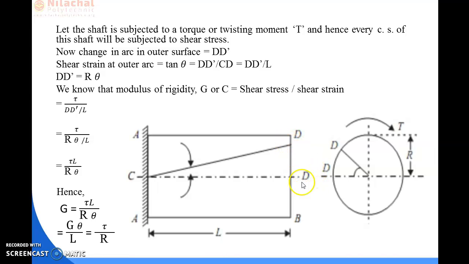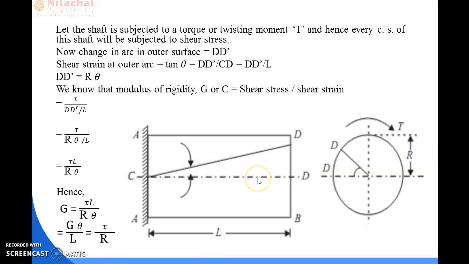That means this D is deflected to D dash. So here at the center of the section, we got some deformation or angular displacement, which is denoted as theta.